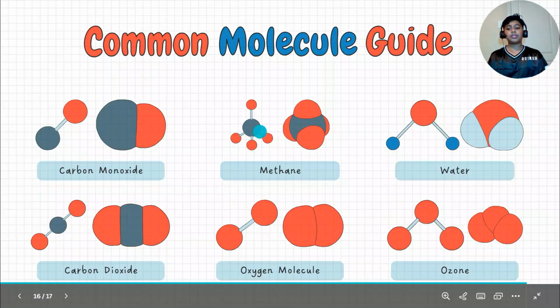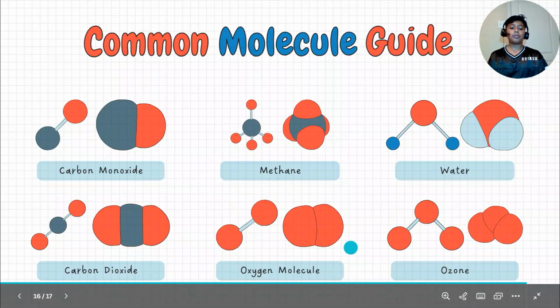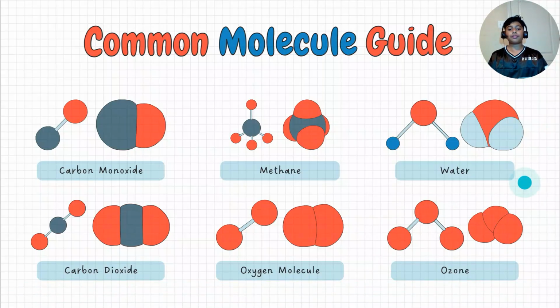One carbon atom and four hydrogen atoms, I think, make methane. Two hydrogen atoms and one oxygen atom make water. Two oxygen atoms make an oxygen molecule, and three oxygen atoms make ozone, which is contained in our atmosphere.